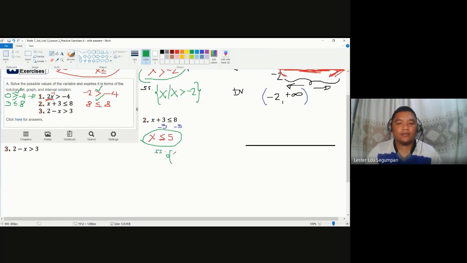Our solution set is a set of x containing the linear inequality form. Okay. And then we go to the graph. Our graph will then again be based on the linear inequality form, not the given equation. So we have here negative infinity, positive infinity.